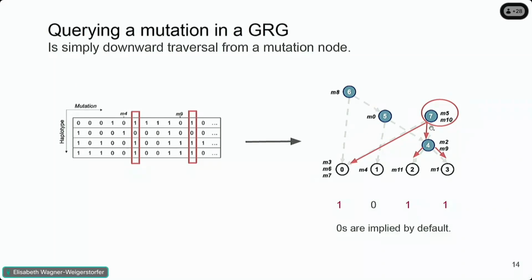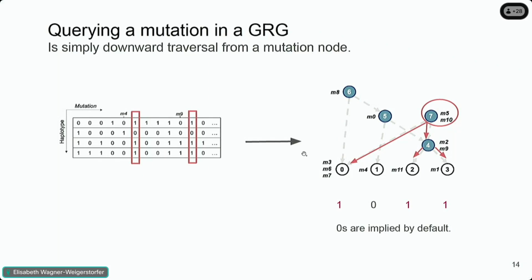On our graph, these 2 mutations are put onto node 7, and node 7 has descendants node 0, 2, and 3. Therefore, nodes 0, 2 and 3 would have this one allele information, and 0 information is implied by default. So we have the same information about mutations 5 and 10 as the left-hand side.